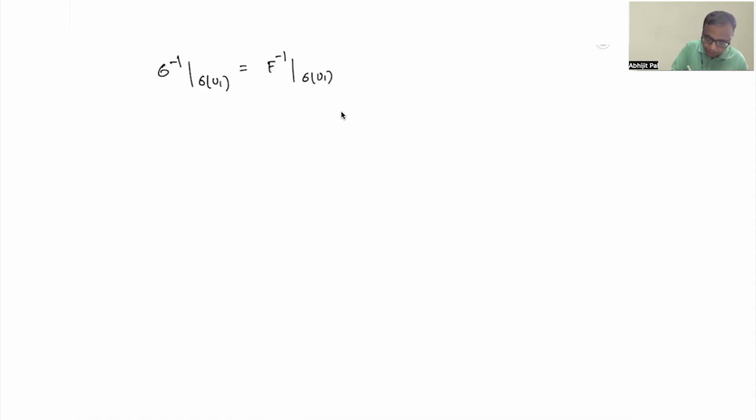So this implies sigma inverse is differentiable as F inverse is.